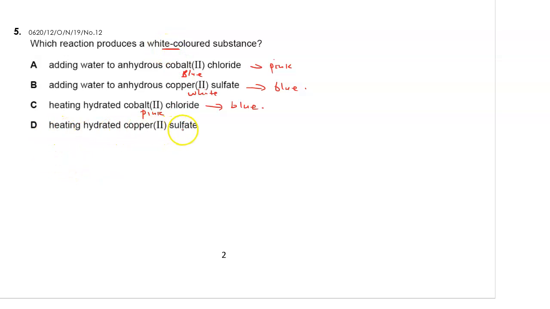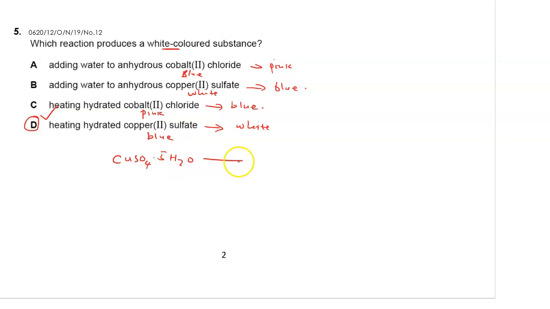Heating hydrated copper 2 sulfate. Hydrated copper 2 sulfate is blue. So when you heat it, you get anhydrous copper 2 sulfate, which is white. Therefore, the right answer here is D. Of course, I can give you the equation here. Hydrated copper 2 sulfate is that one.